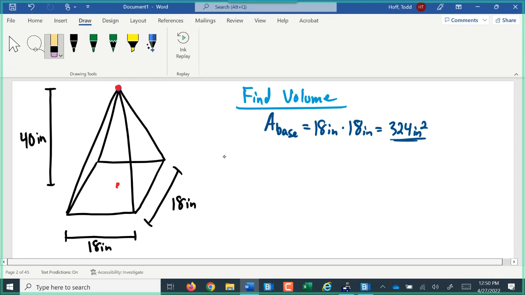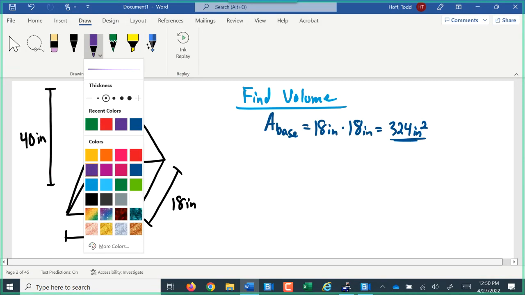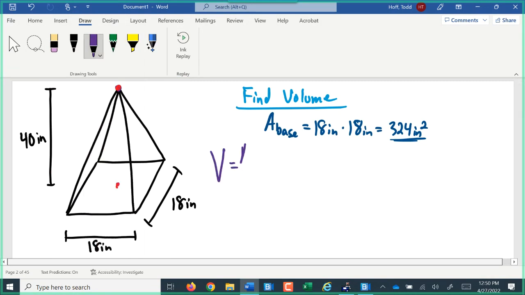So our volume is the area of the base times the height, divided by 3. So we have 324 square inches as the area of our base, times the height of 40 inches, divided by 3.